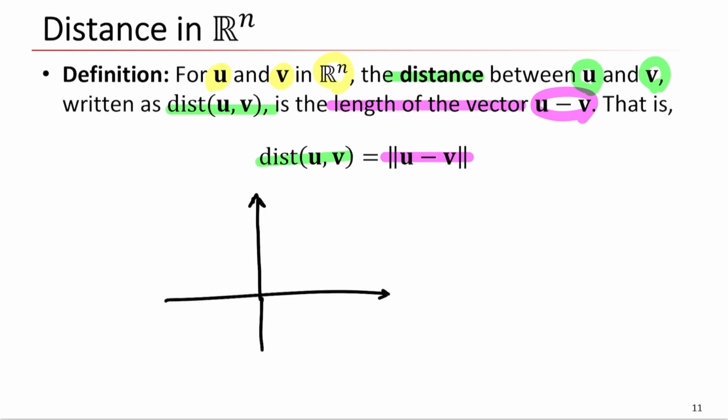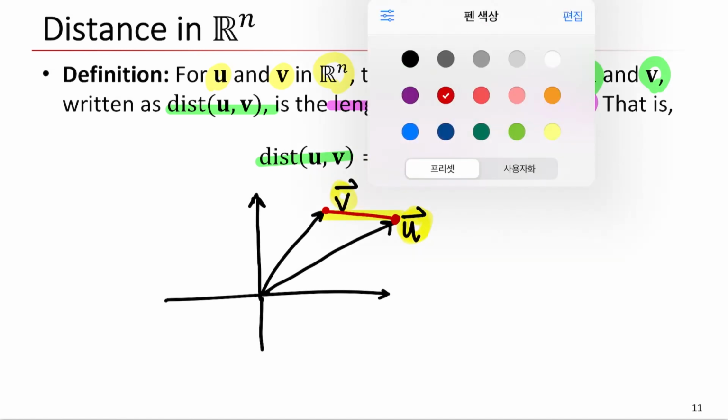Let's think about 2D space. If we have the vector u here and vector v here, we want to know the distance between this one and this one, right? Then the distance means the length of this one. So the length of this one is the length of this one subtracted by this one.